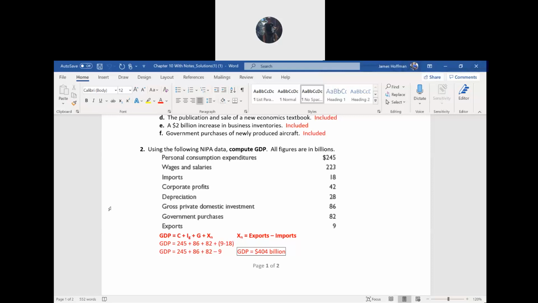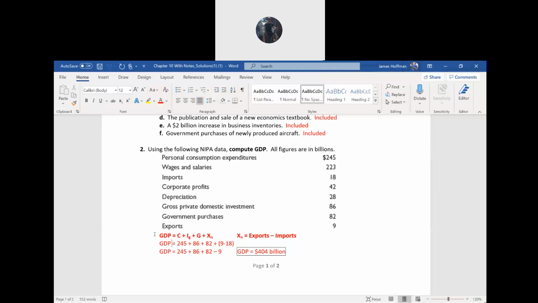So we're going to use our equation where GDP equals consumption expenditures plus gross private investment plus government spending plus net exports. And net exports are defined again as just exports minus imports.